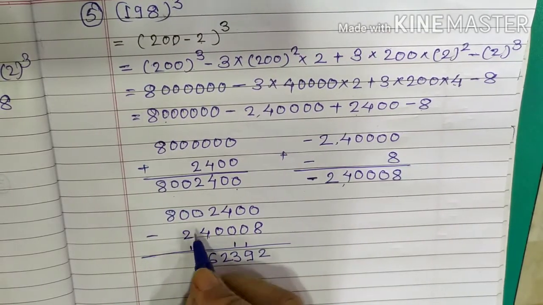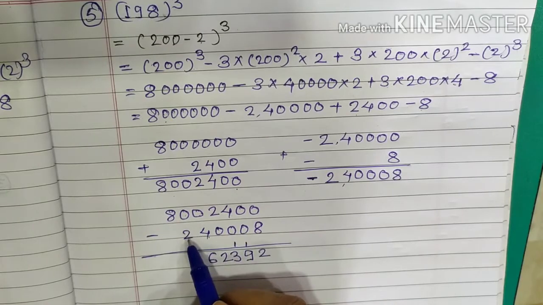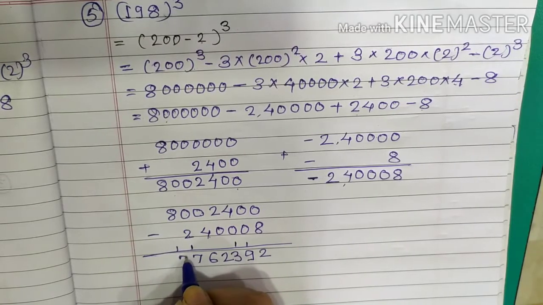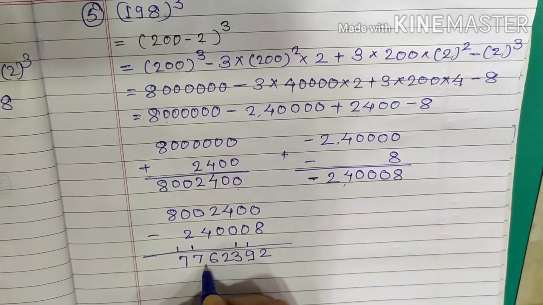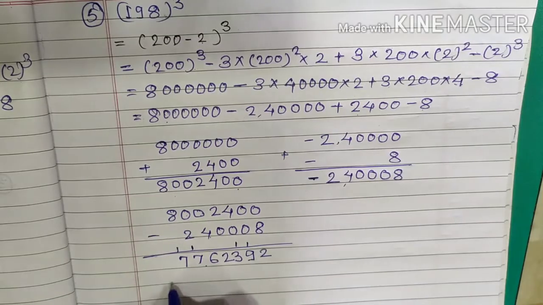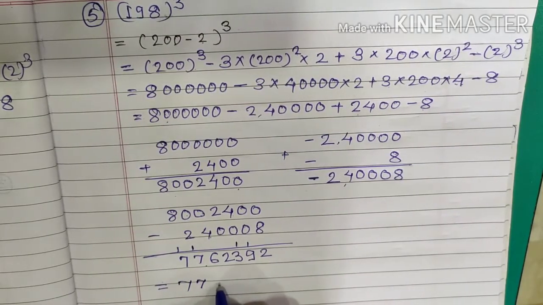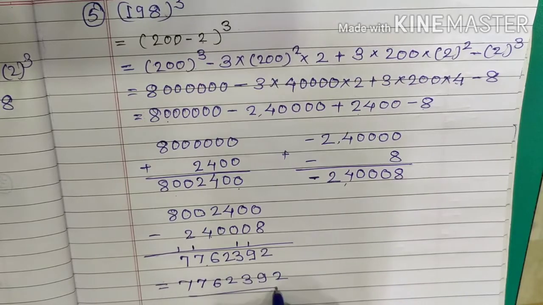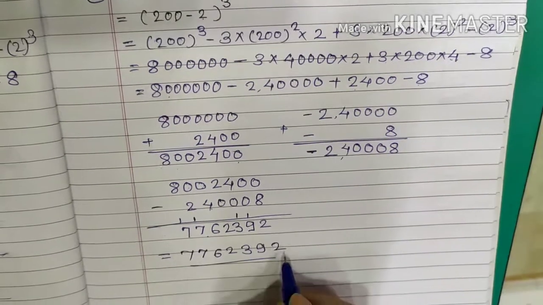Give this raise here. Again 10 minus 3, that is 7, and 8 minus 1 is 7. So our answer is 77,62,392.